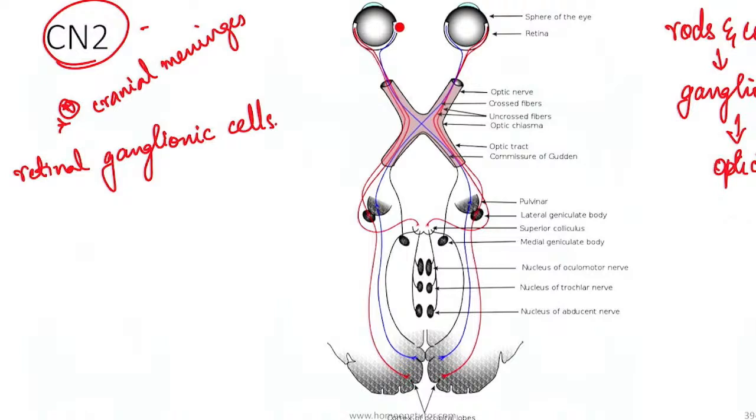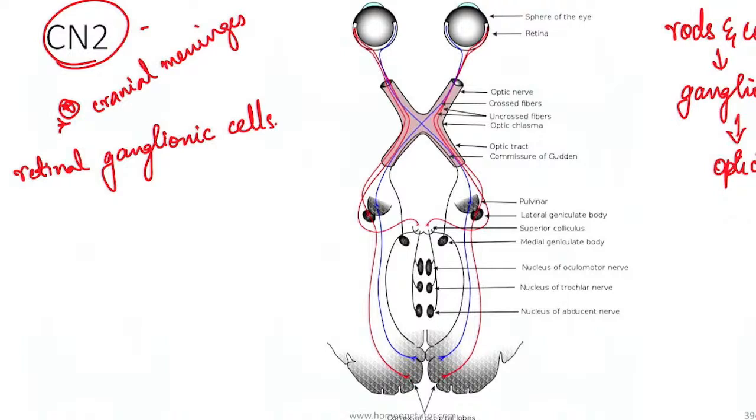Okay, nasal or medial side, or lateral or temporal side, right? So the lateral fibers continue into the optic tract itself, but the medial or nasal fibers cross in the optic chiasma. Thereby the left optic tract finally will contain the left temporal fibers and the right nasal fibers.